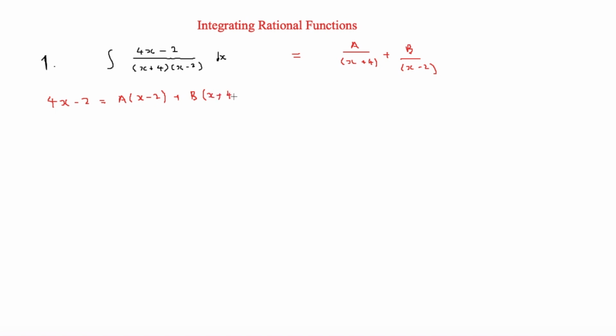Then we have to cancel the A and the B, so we will let x equal 2, because that will make it 2 minus 2, which means that there will be no A. So 8 minus 2, 6, is equal to 2 plus 4, 6B. So 6 is equal to 6B, therefore B is equal to 1.